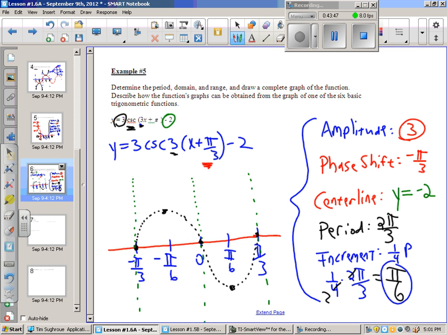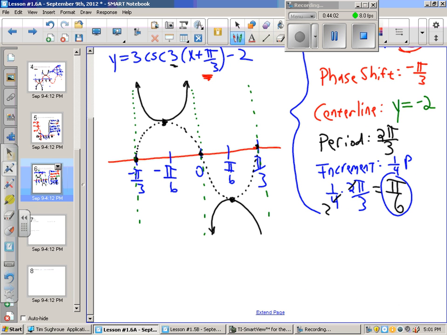And then again, the reciprocal of 1 is 1, so it's going to simply start here, and high points are going to go up, low points are going to go down, because the reciprocal of a really small number is a really large number. So the reciprocal of a small positive number will become a large positive number. The reciprocal of a small negative number will become a large negative number.